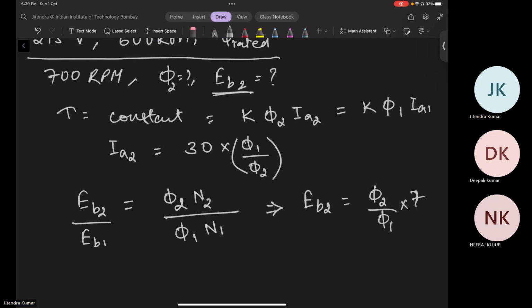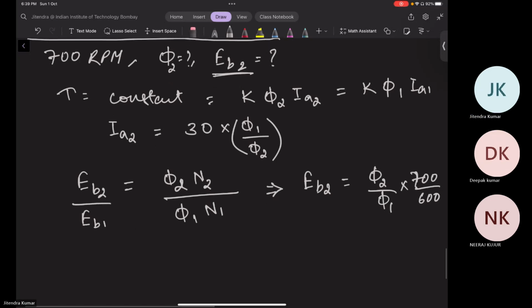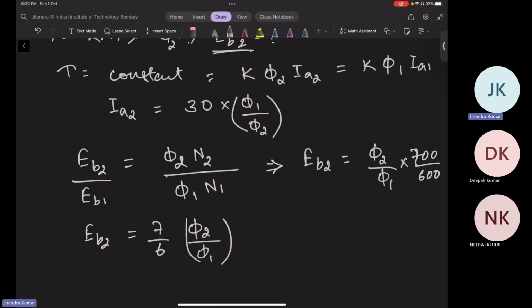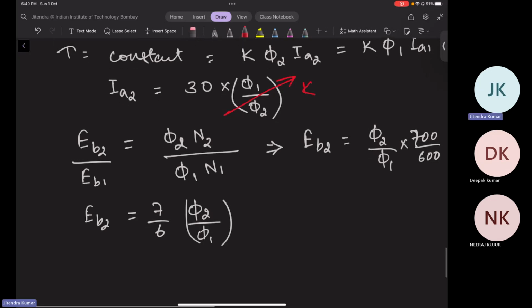Yes, 700 by 600. So EB2 is again 7 by 6 phi 2 by phi 1. So we have back EMF and current in terms of phi 2 by phi 1. So let's suppose we name phi 1 by phi 2 as K. So it will be 7 by 6K.